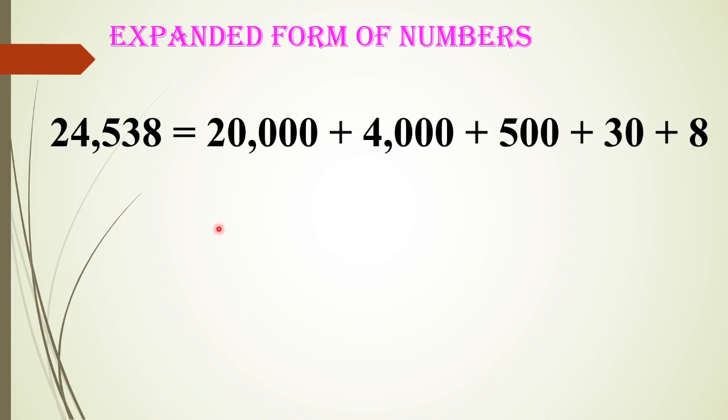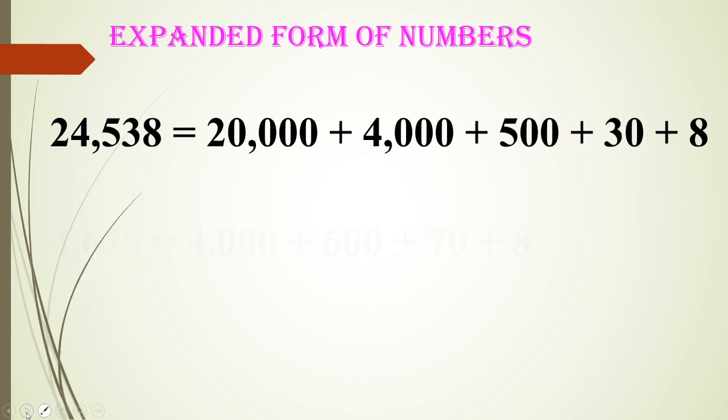So the expanded form of this number, 24,538, is 20,000 plus 4,000 plus 500 plus 30 plus 8. This is the expanded form of this number. Okay. Now let's take the next example.